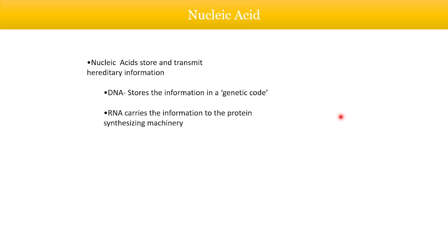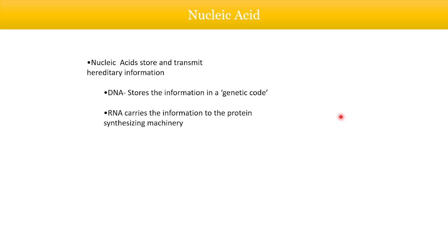Nucleic acids are materials that store and transmit hereditary information. DNA stores the information present in the genetic code. On the other hand, RNA carries the information. RNA transcribes the information from the DNA, and it's translated or carried forward to the protein.